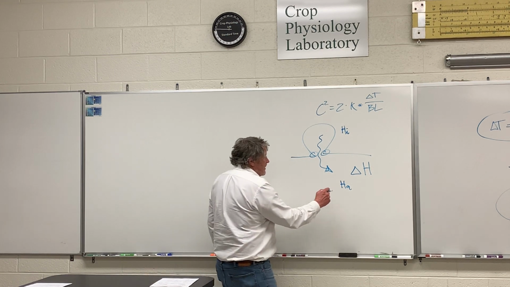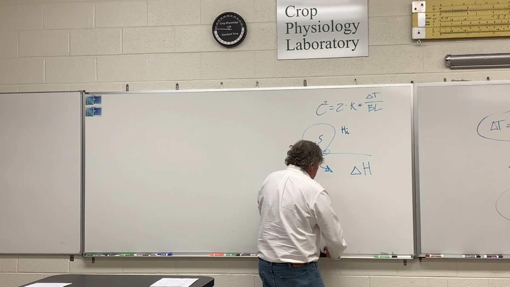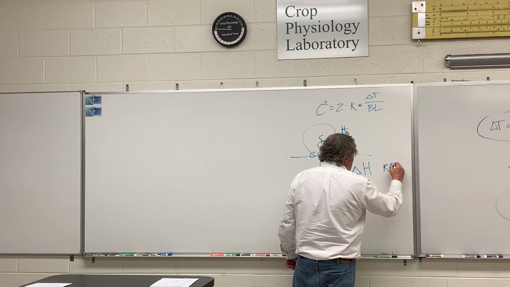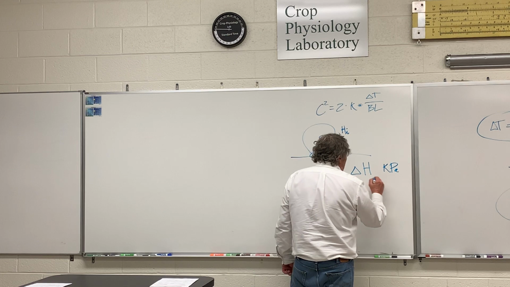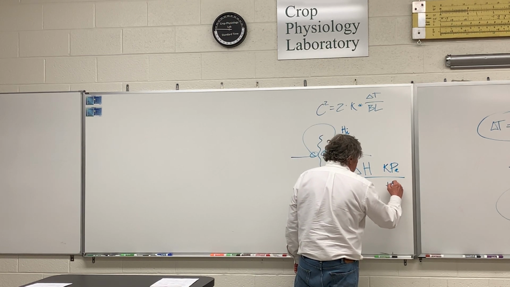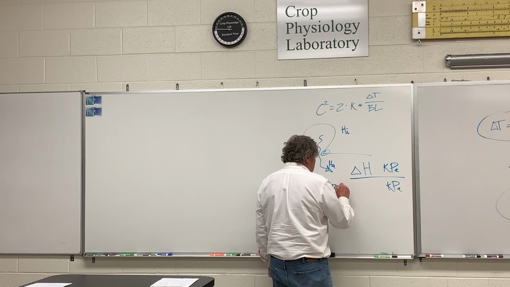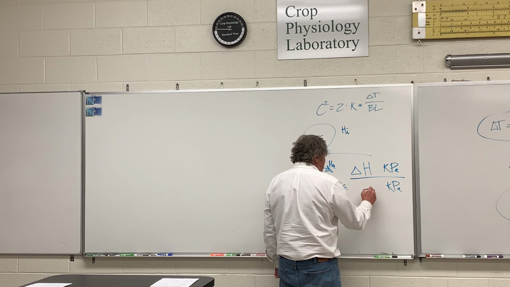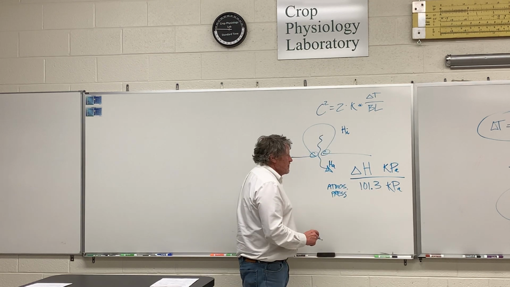So after we get delta H, let me put the H_A right here, after we get delta H in kPa, this we did on the previous test. Now we need atmospheric pressure, barometric pressure, and this number is given, sea level, exactly.